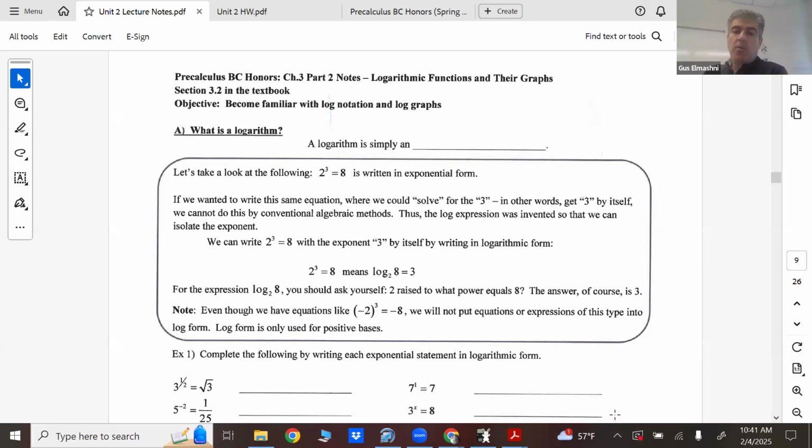Anyway, what is a logarithm? It's simply a way of rewriting an exponential function. It's an inverse.